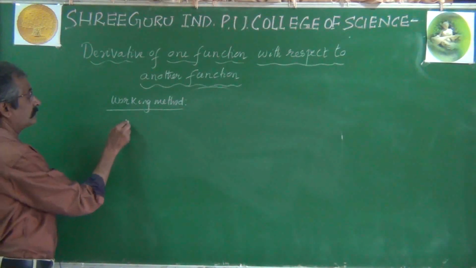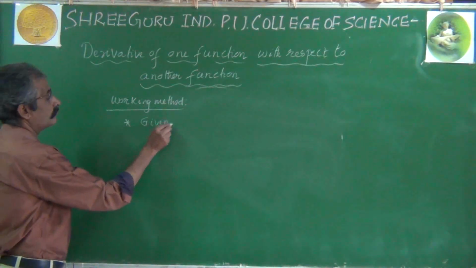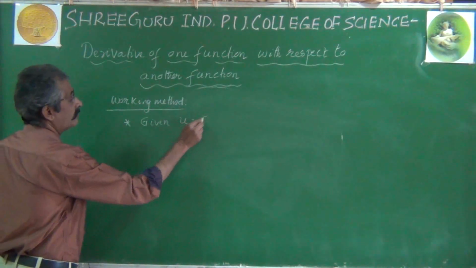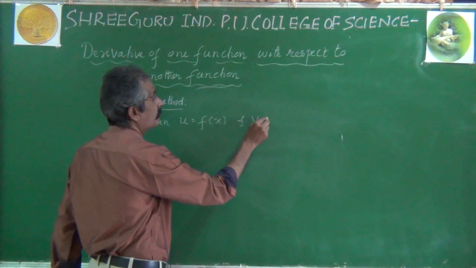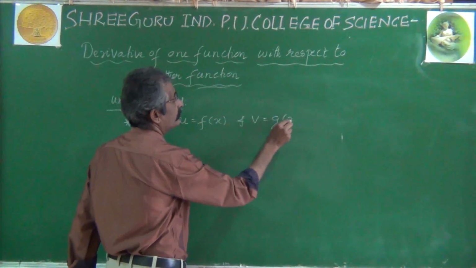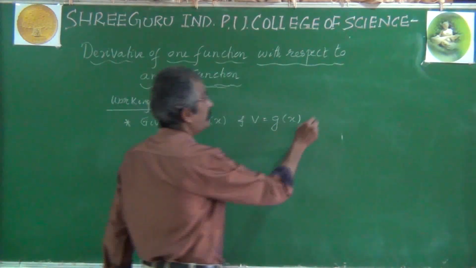First step: given u equal to f of x and v equal to g of x be the two functions.